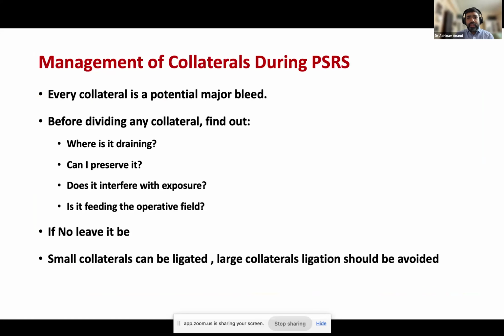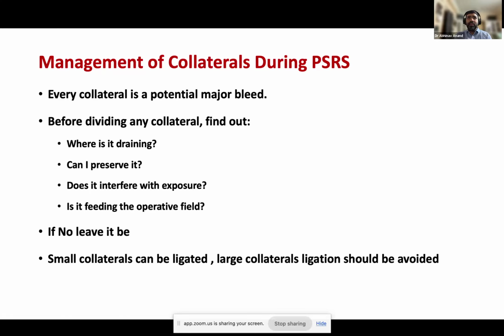So what if we encounter a large collateral during a PSRS? Every collateral has a very fragile wall. They are a potential bleeder. So before dividing any collateral, we have to ask where it is draining. Can we preserve it, or does it interfere with our exposure? Is it feeding the operative field?